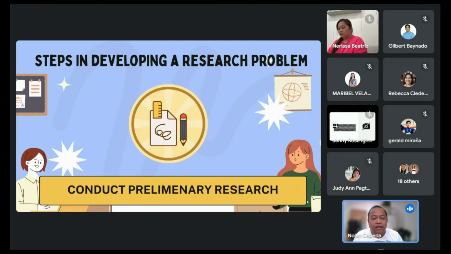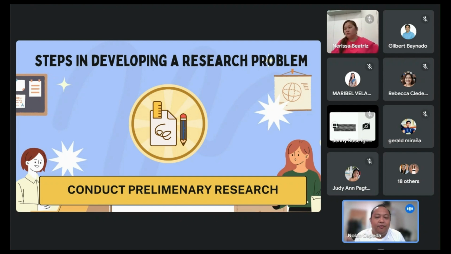Conduct a preliminary research. In this step, it basically warrants us to make a system check, kumbaga, kung tawagin natin.